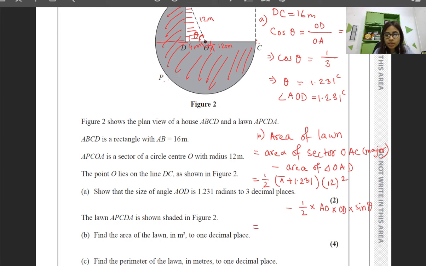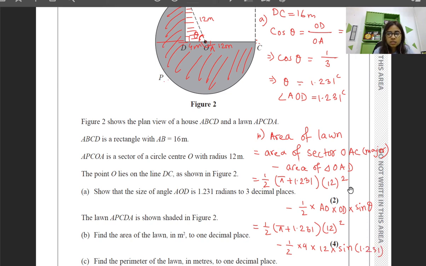So again, half pi plus 1.231 into 12 square minus half, AO is basically 12, OD is 4, and sine of theta is 1.231.